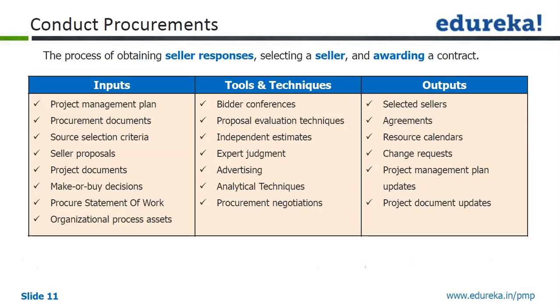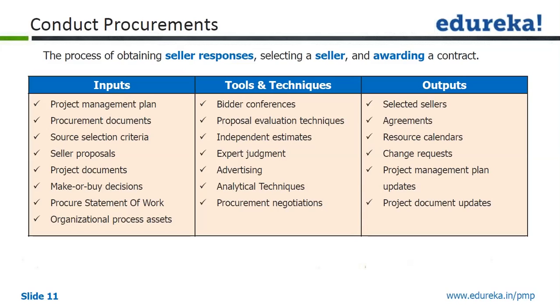Here the inputs are again many: project management plan, procurement documents, source selection criteria, seller proposals, then project documents, make or buy decisions, which we saw earlier, procurement statement of work, organizational process assets, and so on.